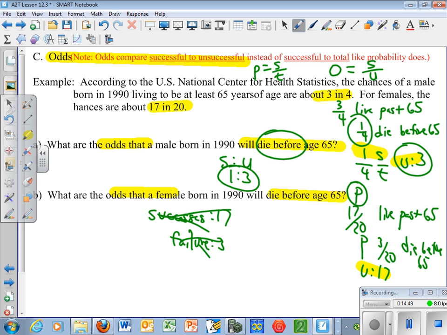We're talking about being successful here is that dying, so that means that 3 are going to die and the unsuccessful is 17. I had that backwards. This should have been unsuccessful, so just ignore that. Okay, we are looking at 3 successful, so that's successful right there, and then 17 unsuccessful, so the odds that they die is 3 to 17. It just gets a little tricky the way that's worded.